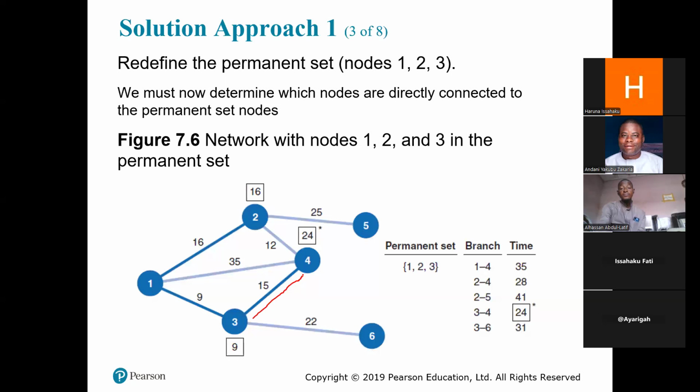So we now look at all nodes that are connected directly to the permanent set. And then now analyze the shortest route among these nodes connected to the new permanent set. Then we'll continue doing that until we get all the points connected with the shortest route.